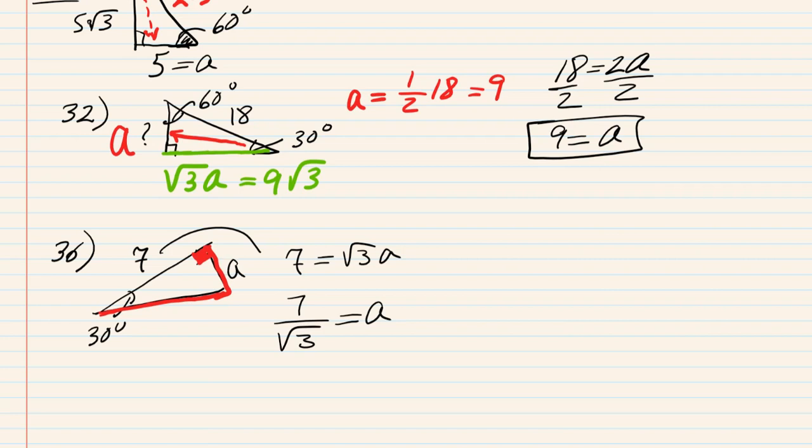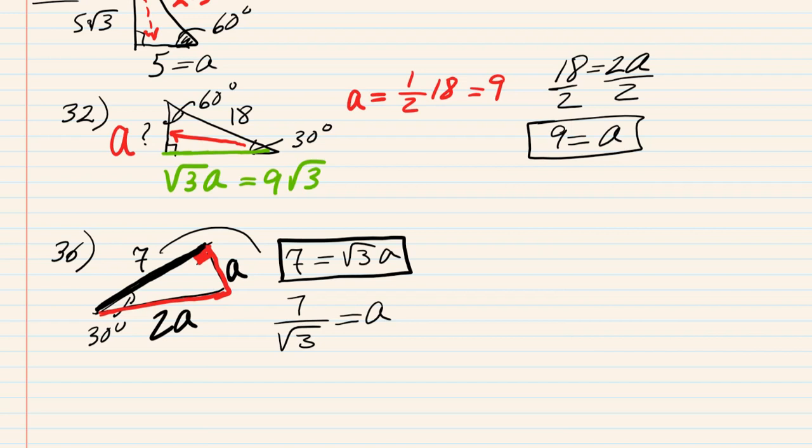That's A. This was root 3A. Oh, actually, no, I'm sorry. That's 2A. That's the hypotenuse, right? That's your 2A. The shortest side is A. And of course, for this one, the altitude is 7. That is the altitude. That's given to be 7. That's how we came up with that equation.